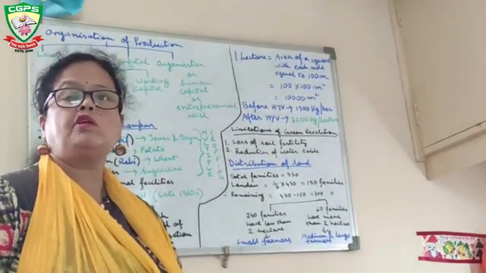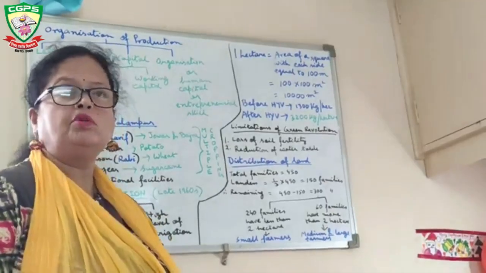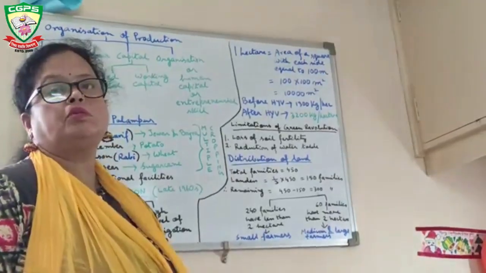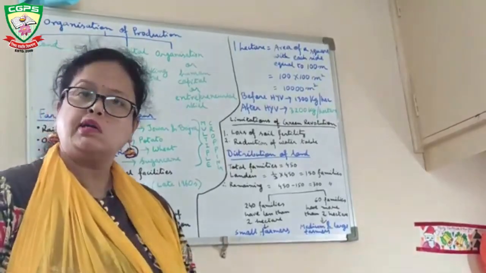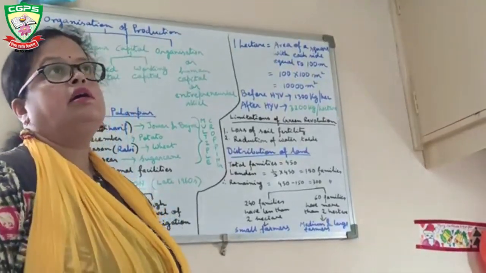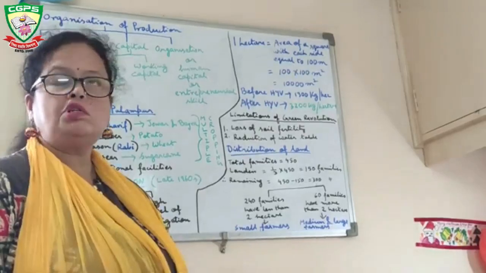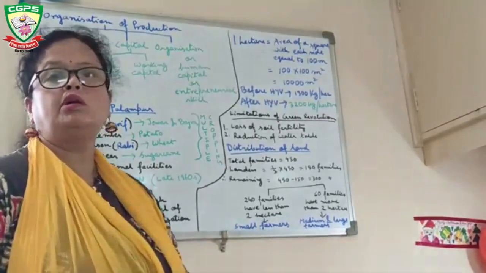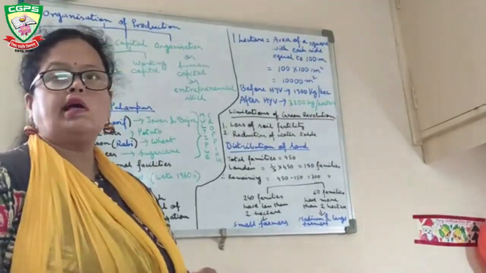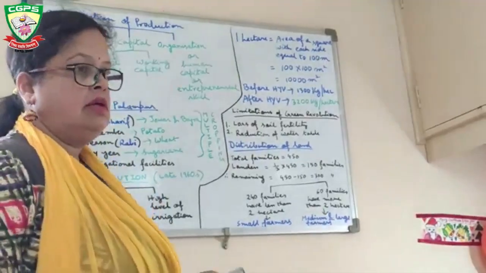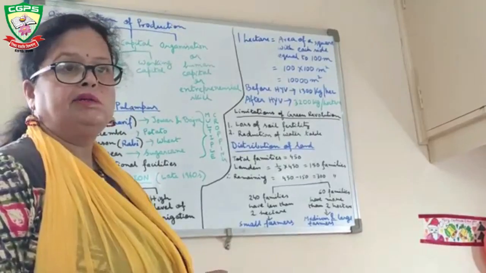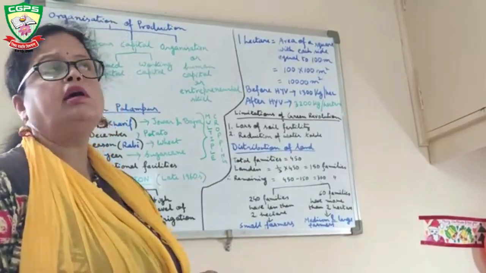A total of 450 families live in Palampur. Out of those 450 families, 80 families belong to the upper caste, and they are rich families who are able to reside in pakka houses made of bricks and cement.